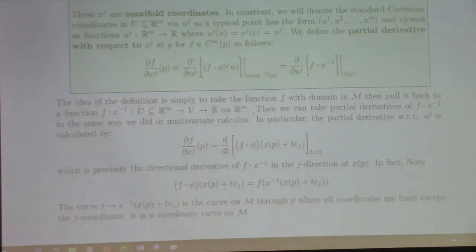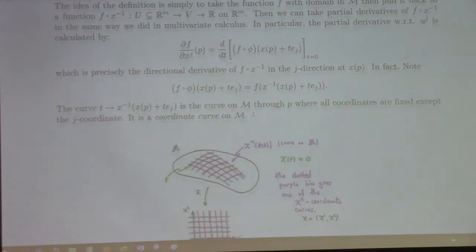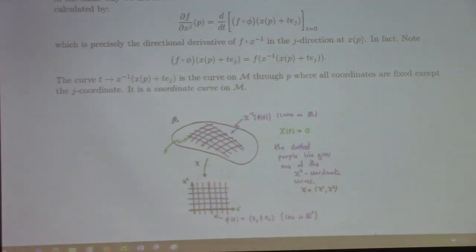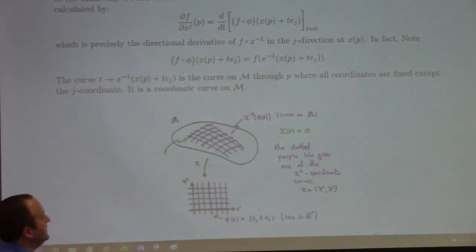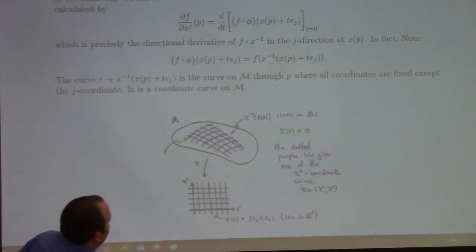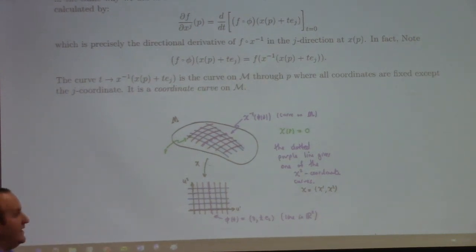It's all my fault. But the beautiful thing is, here's a picture of what's going on. What we mean by partial f, partial xj, is really the time derivative of f composed with that particular line. And that is exactly a directional derivative.